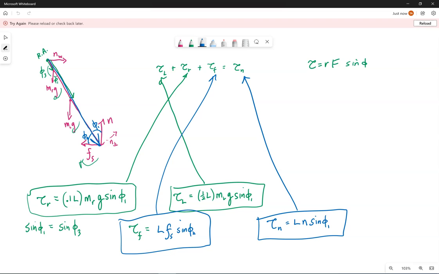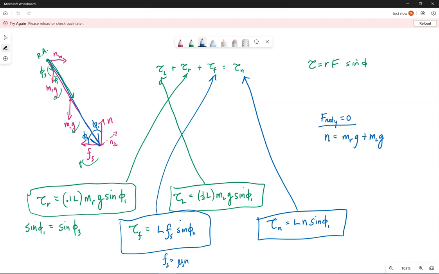This would be a little more involved because we don't know the force of static friction, nor do we know the normal force, which we could totally put in as mu times N, but that still leaves us with mu as an unknown and N as an unknown. And so we would need to use the net force in the y direction that we've talked about previously.